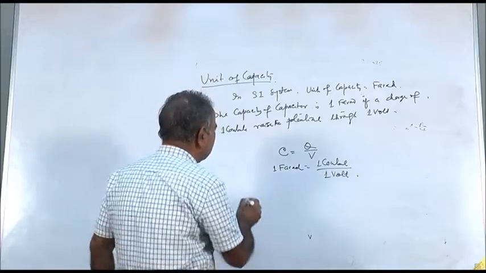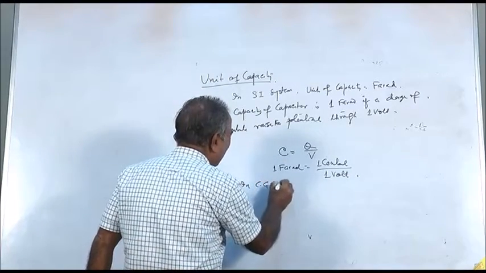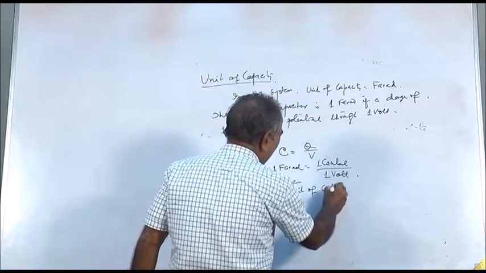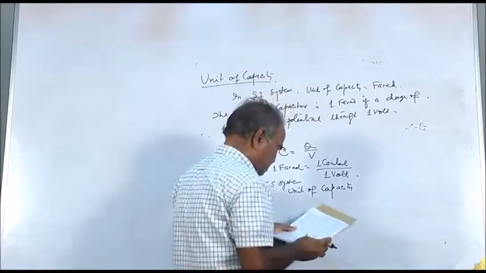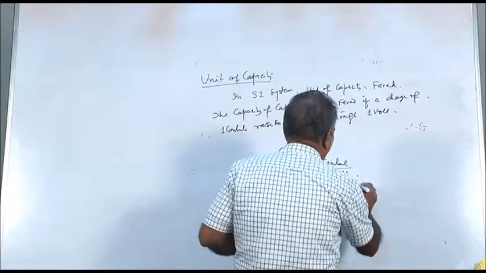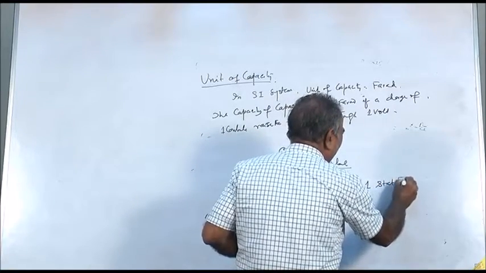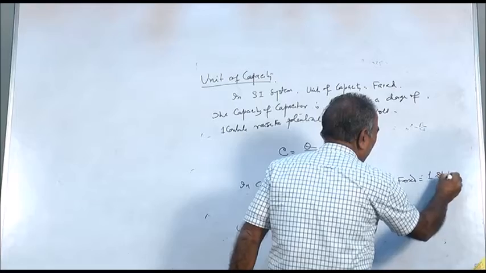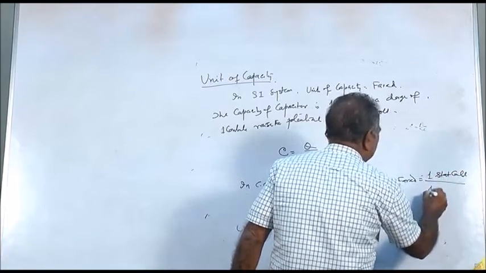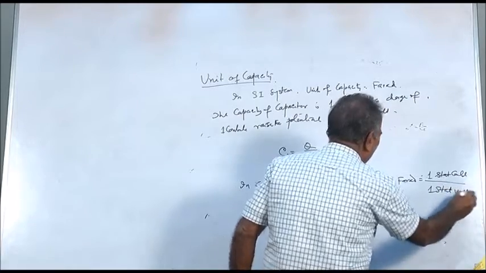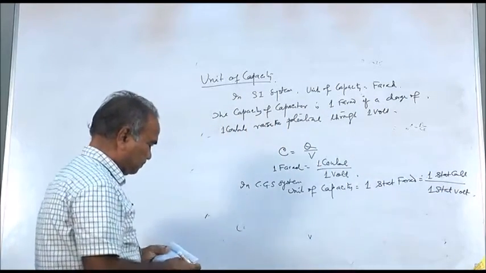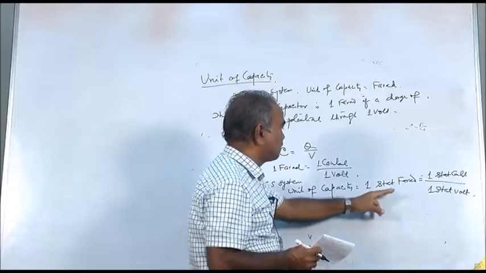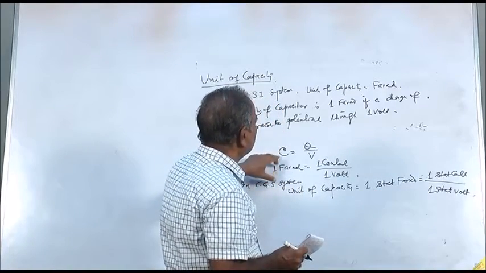Similarly, in the CGS system, the unit of capacity is statfarad, 1 statfarad, which is equal to 1 statcoulomb by 1 statvolt. Then the relation between farad and statfarad. The unit of capacity in the CGS system is statfarad, whereas the unit of capacity in the SI system is farad.